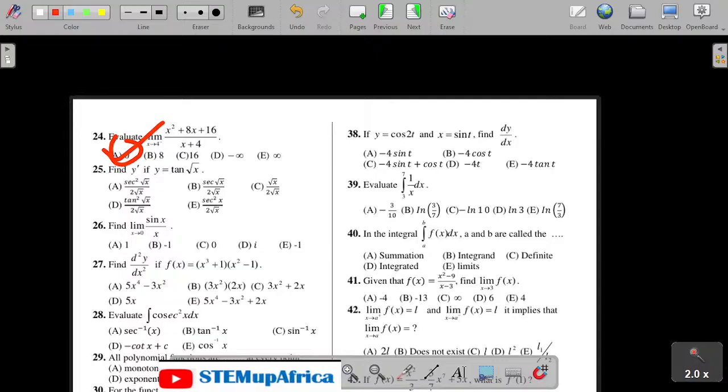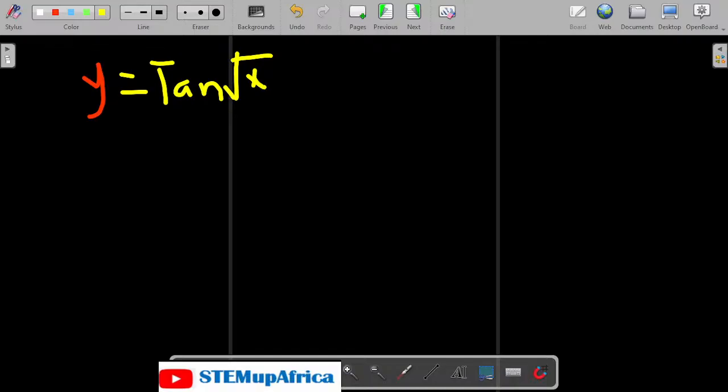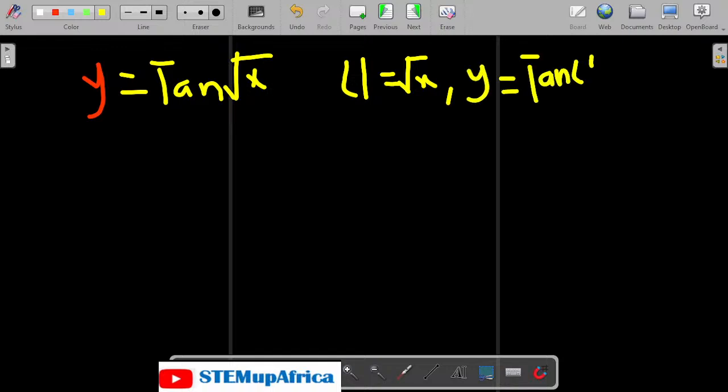Then question 25. We are asked to find y prime, which is the derivative of y, if y equals tan of the root of x. I give you y as tan root x. So my u becomes root x and y becomes tan u.